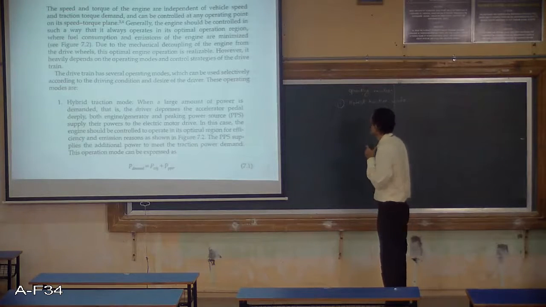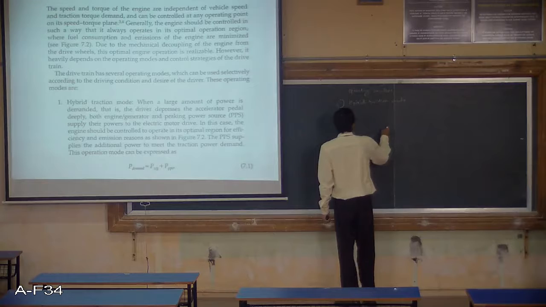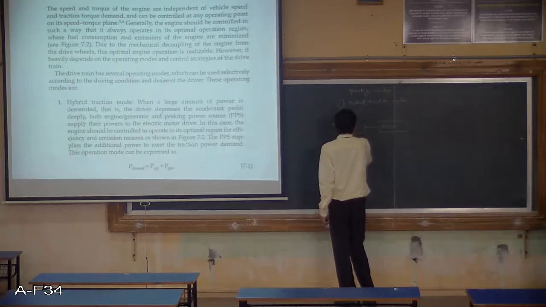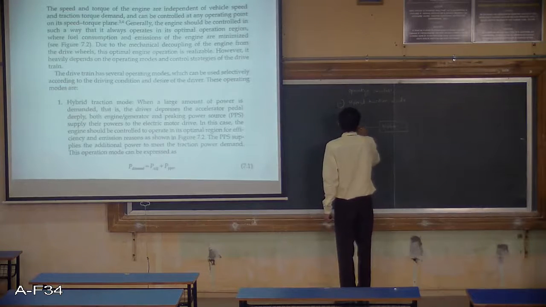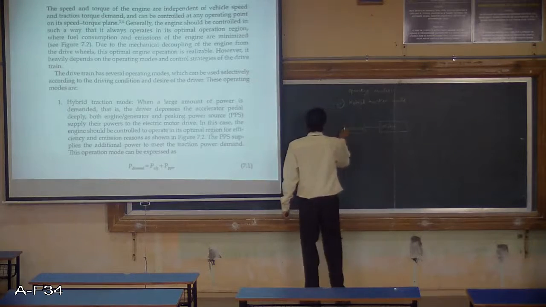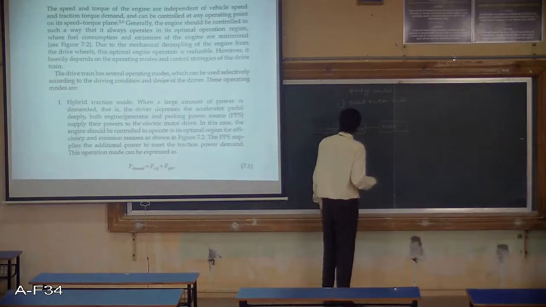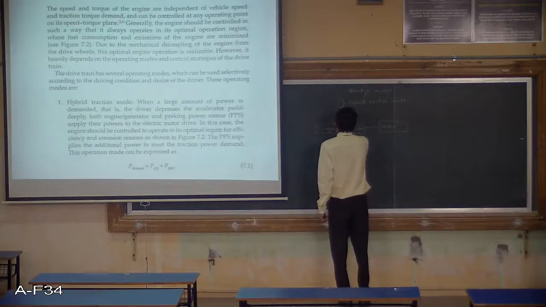Now here you can see the motor drive. This is supplied by the generator. This is for a series hybrid vehicle. This is connected to the IC engine. So this is mechanical coupling.